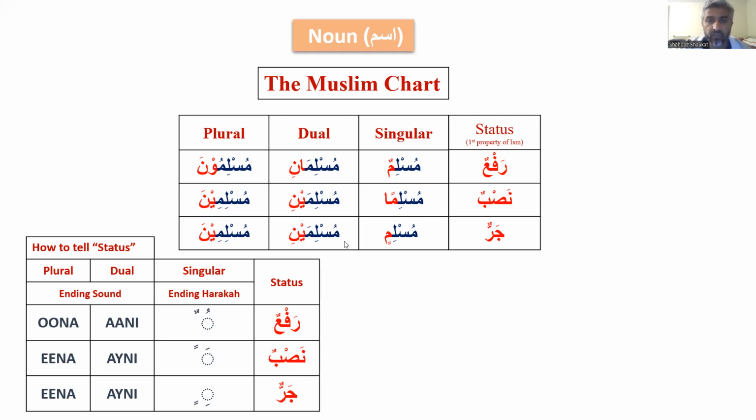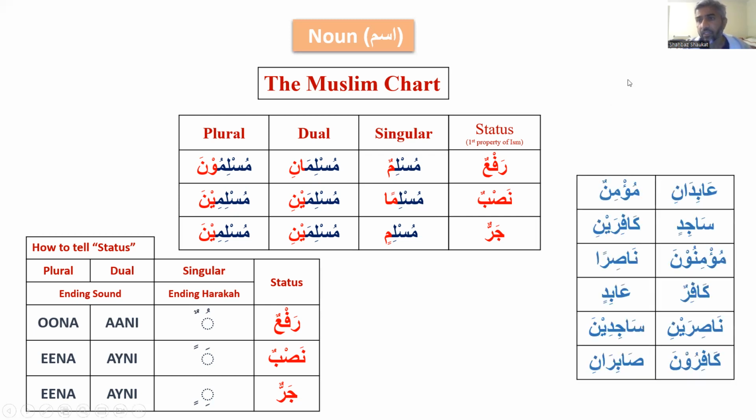Muslimani, Muslimaini, Muslimaini. Muslimuna, Muslimina, Muslimina. So in each column, the first word is Rafa, second Nasab, third Jar. So this is what we did last time. We haven't done anything new yet.